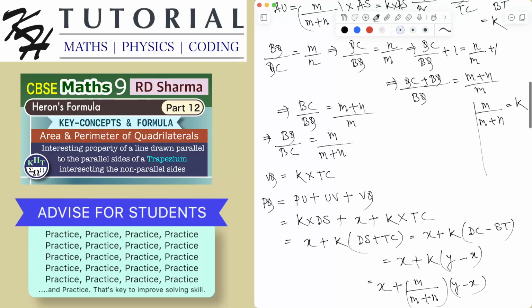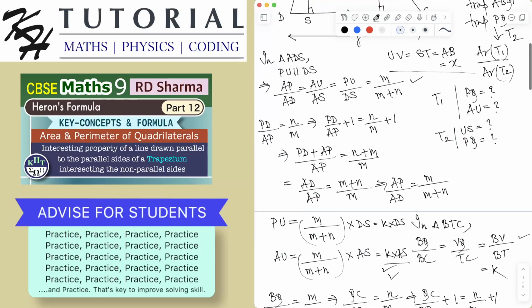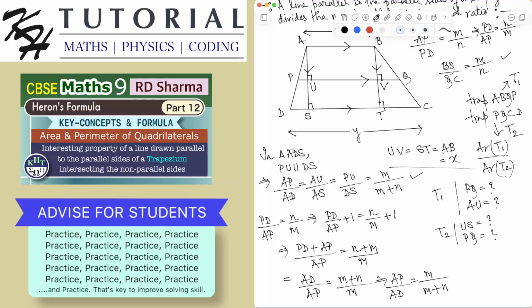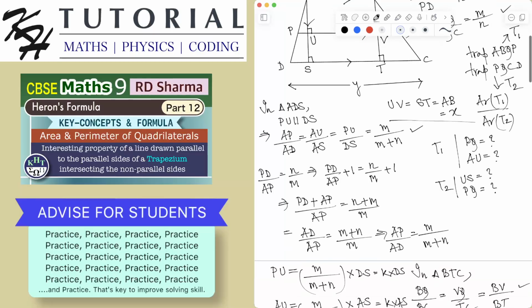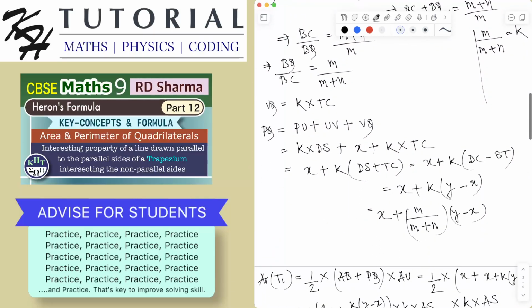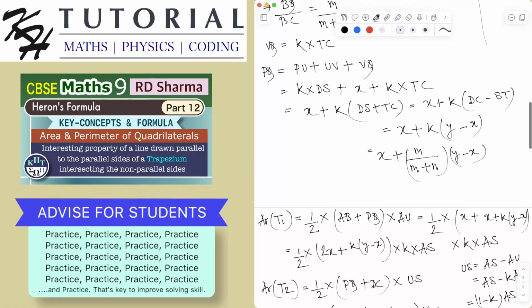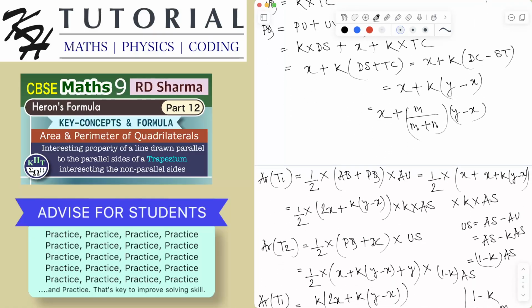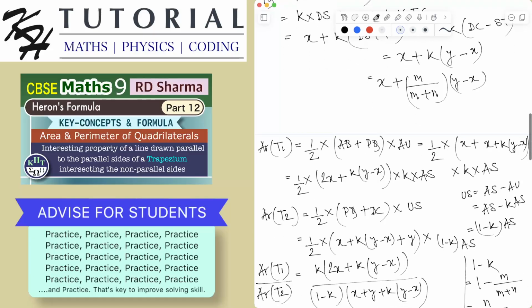What is PQ? PQ is equal to x plus k into DC minus x. Okay, let's see what happens.